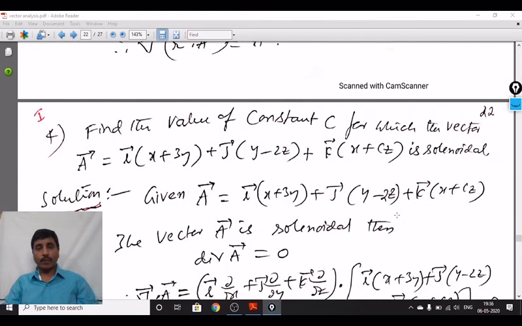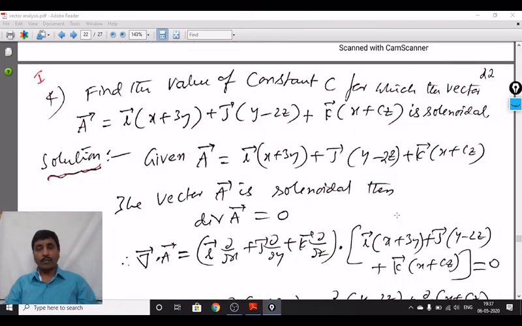Now another important problem: if a bar is a solenoidal vector, determine the value of constant c. a bar is equal to i bar (x plus 3y) plus j bar (y minus 2z) plus k bar (x plus cz). Given that the vector a bar is solenoidal.